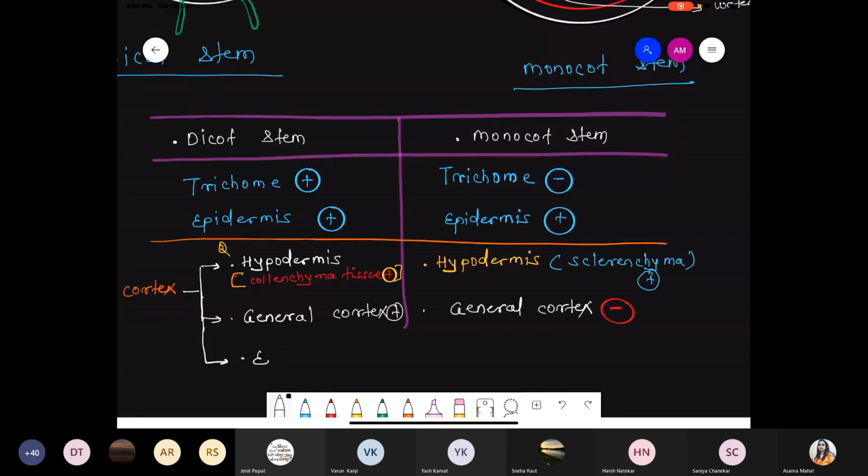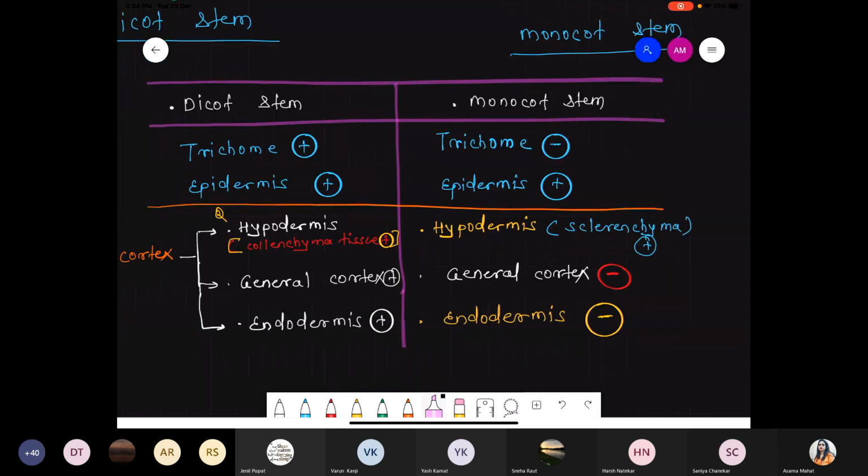Endodermis is present in the dicot, but such kind of endodermis is totally absent in the monocot stem.